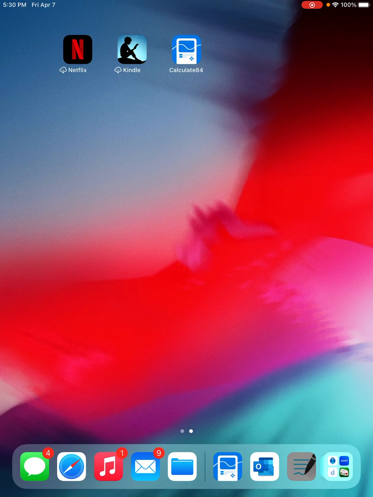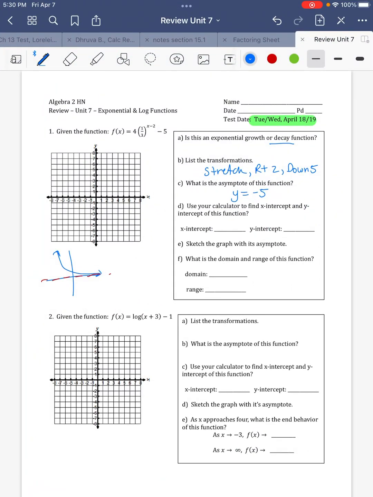So you know how to do that in class from your calculator. The x-intercept is 1.8.